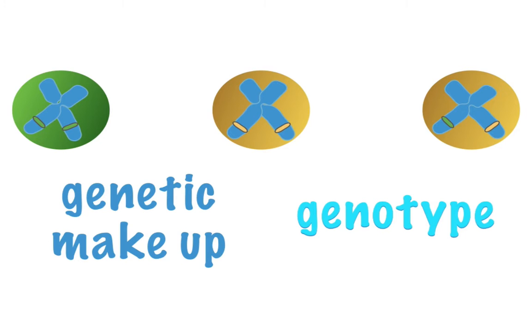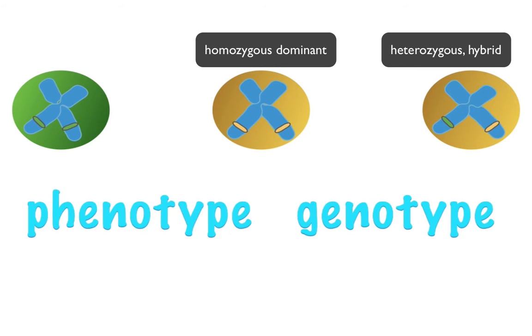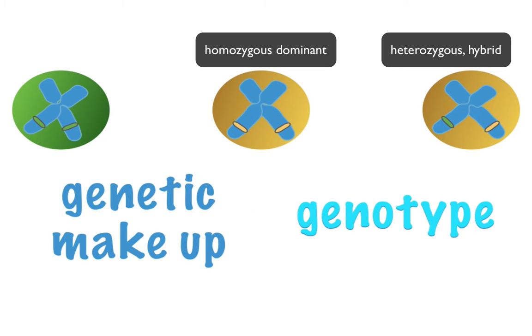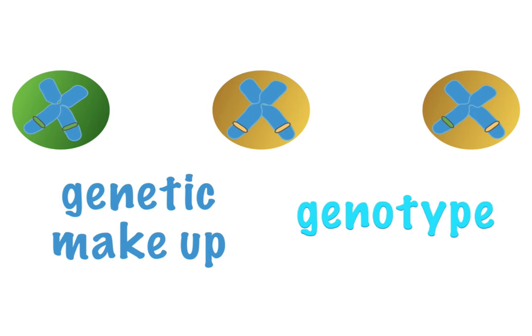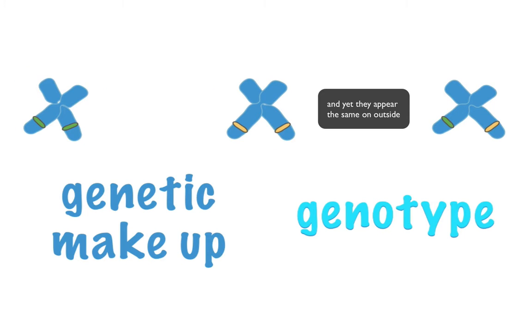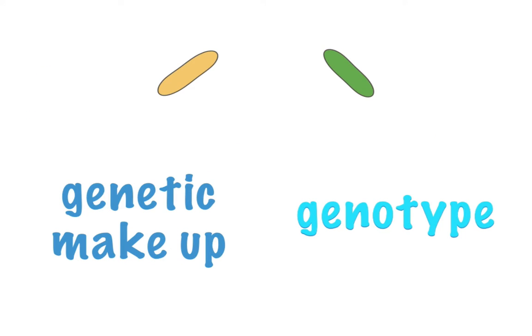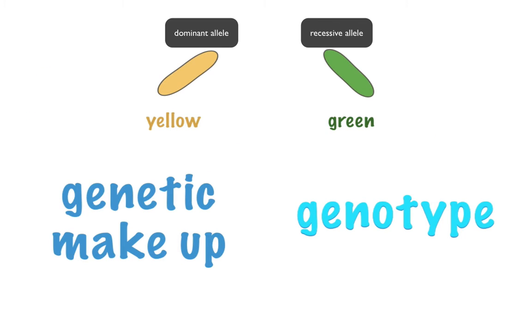Because if I look at my two on the right, I have two yellow peas, but just by looking at the color of the peas, I don't know what the allele, the genetic makeup is, because the one on the far right is a heterozygous hybrid, and the one in the middle is a homozygous, right? So the genotype, again, is referring to its actual genetic makeup. Does it have the gene for yellow, or does it have the gene for green?